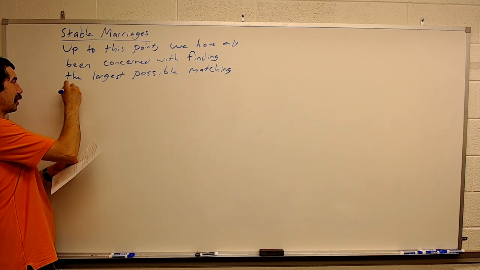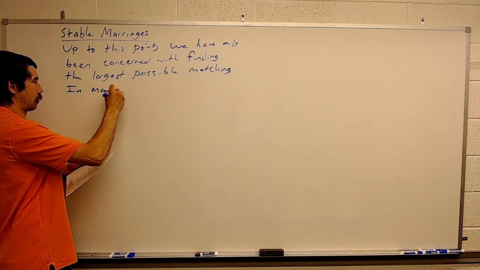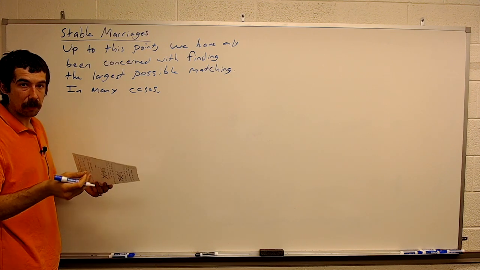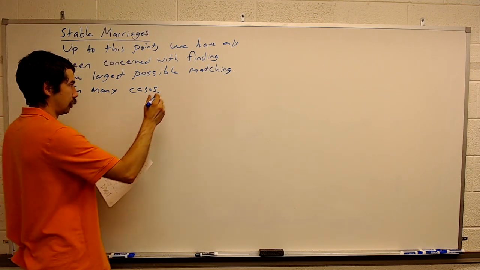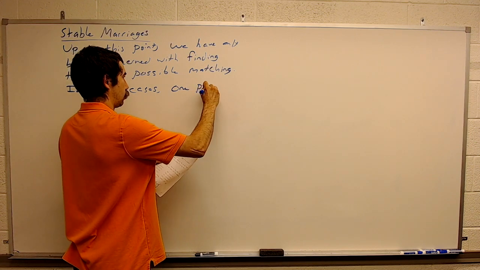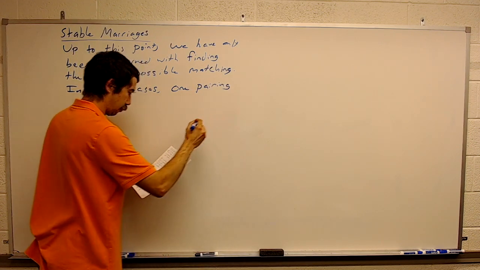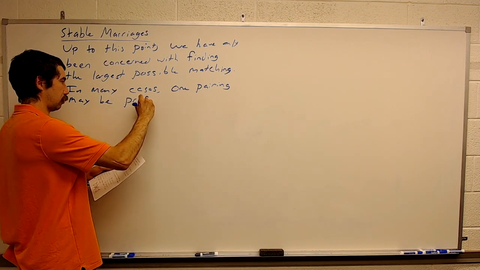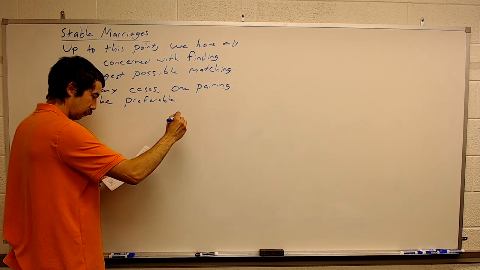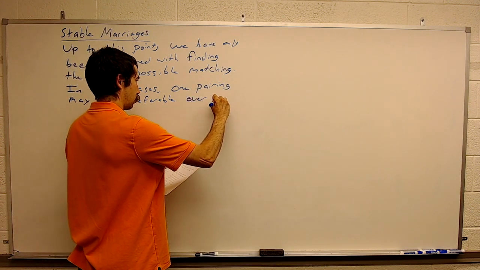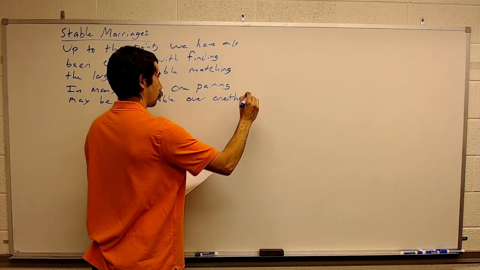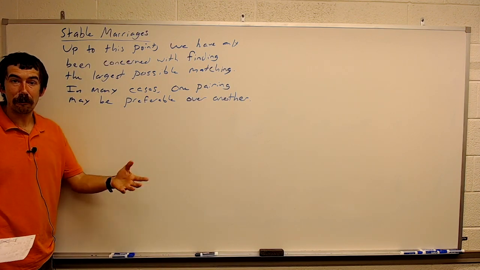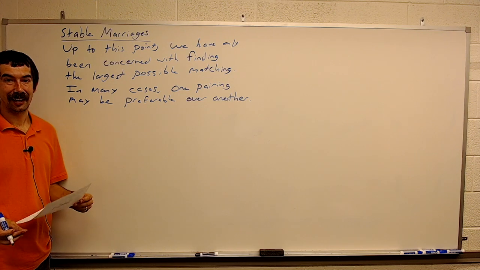In many cases, one pairing may be preferable to another. All right, so today we're going to talk about matchings where there's some sort of preference rankings involved. All right, it's good stuff.